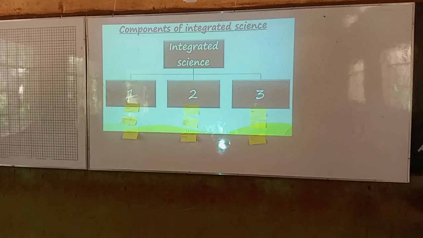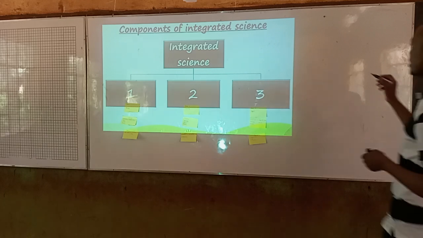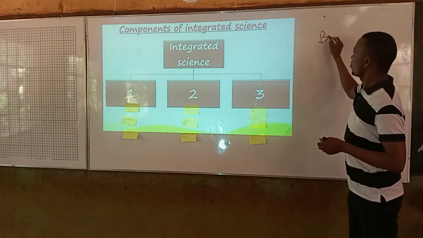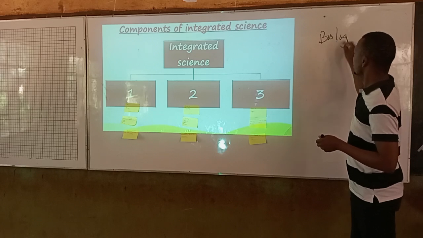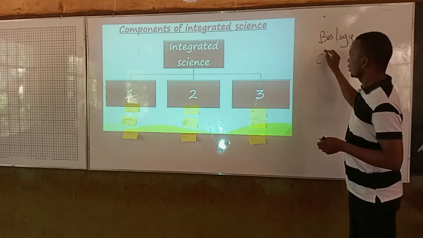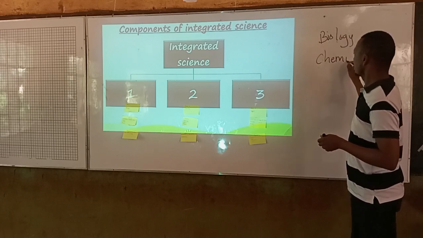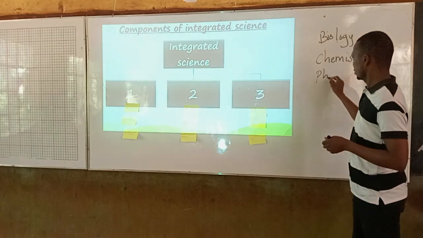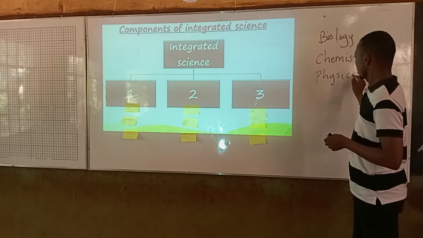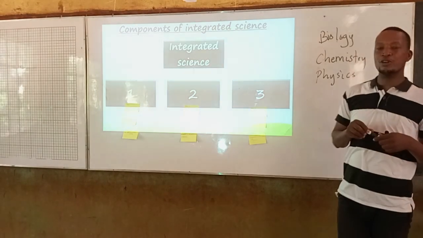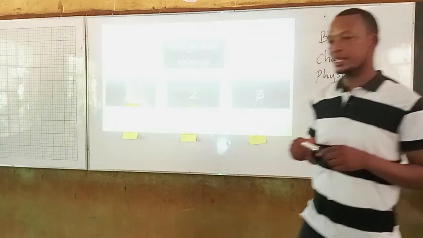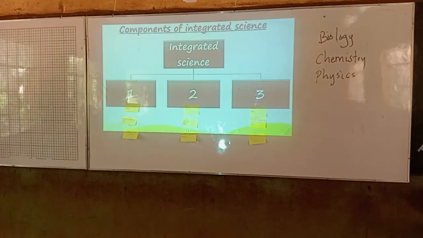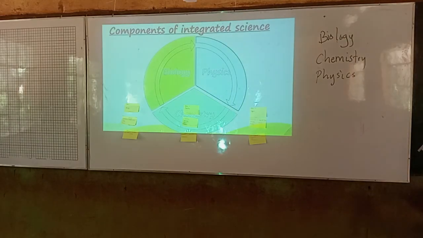So we say the components of integrated science are biology, chemistry, and physics. So these are the 3 main components of integrated science. As you can see in this presentation I have there.